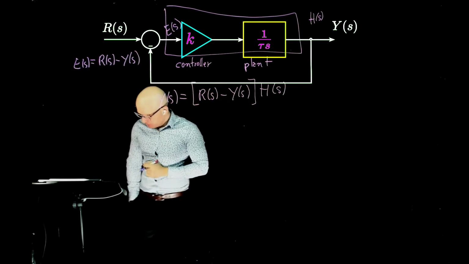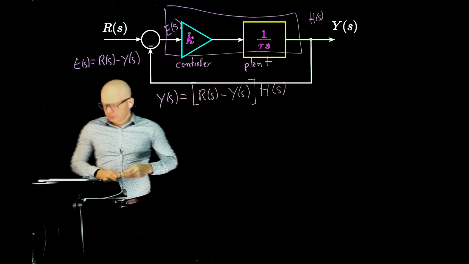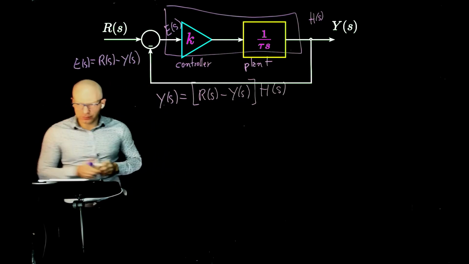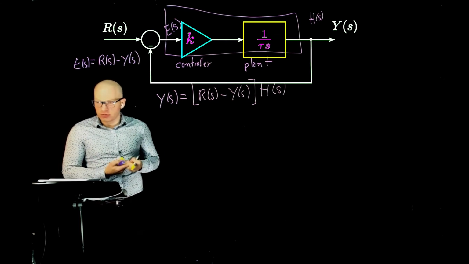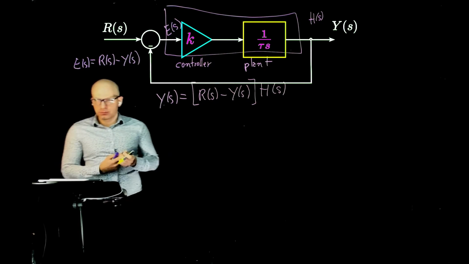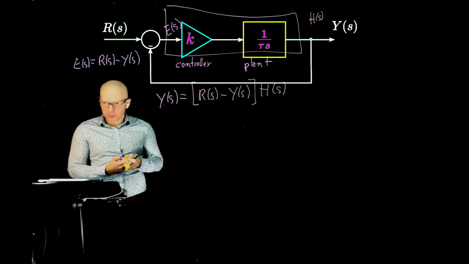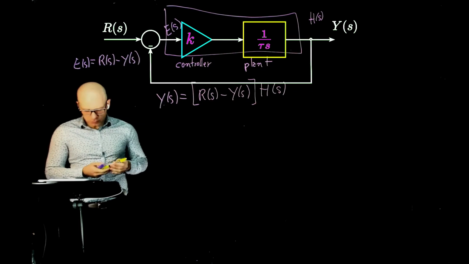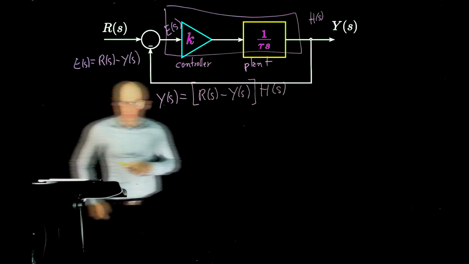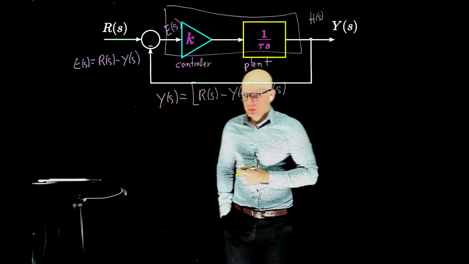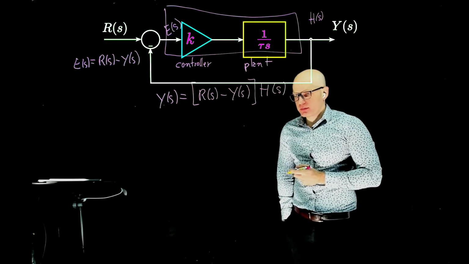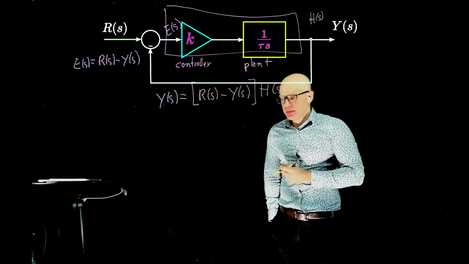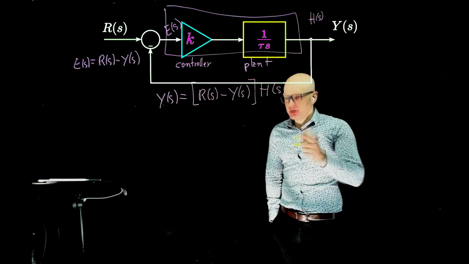Does this make sense? Can you see that relation? Tell me if it's not clear, because this is very important. If anybody doesn't understand this, let me know, because this is very important.